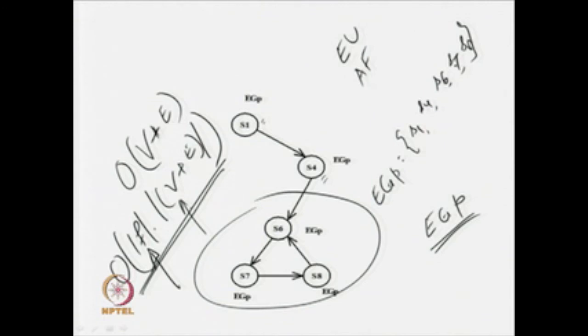So, AU I cannot avoid, because I can say that the operator AU has to be expressed with the help of EU. Now, I have this AF, but we have equivalences.